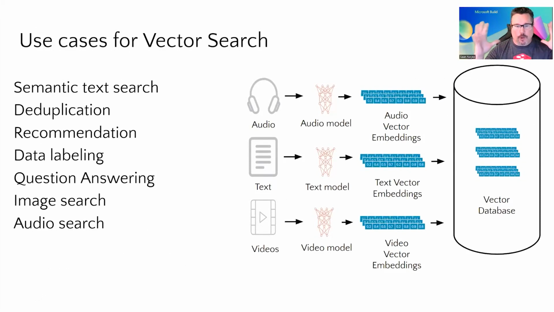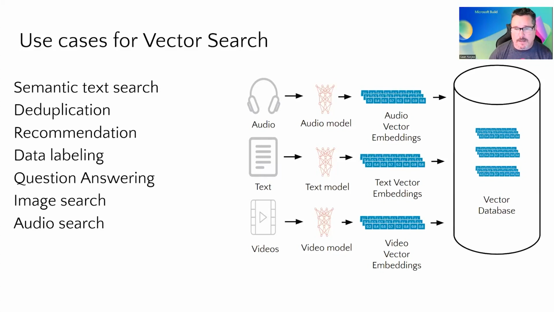So how does this look overall in terms of an architecture? Basically, you have audio files, text files, video files, image files, and then you pass them into some kind of AI model, an audio model, a text model, a video model. And then the output of that becomes these vector embeddings, which you store in your vector database.